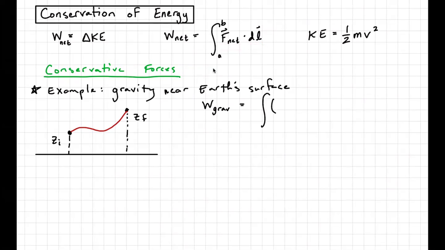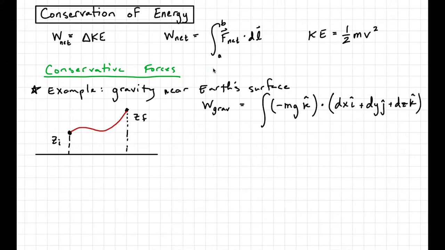The force of gravity here is minus mg z hat. Defining up to be the positive z direction, or actually I'm going to use k hat here, to be consistent with i hat and j hat, k hat being the unit vector in the z direction. And then dotted with dl. In dl, I'll write dx i hat plus dy j hat plus dz k hat.